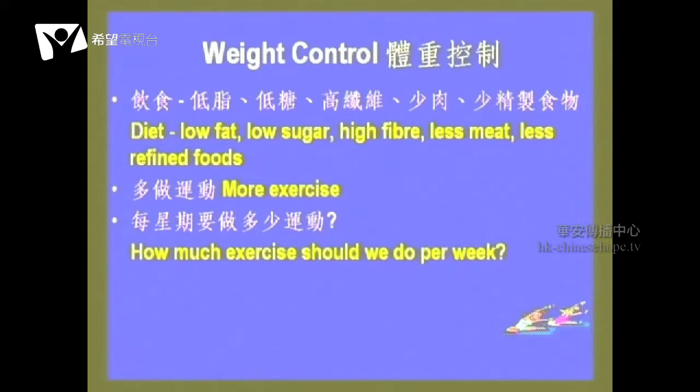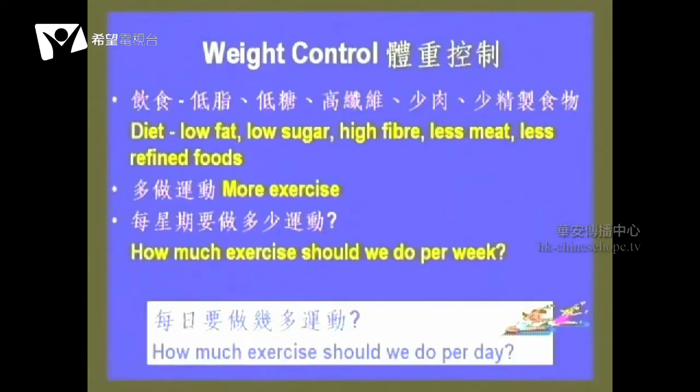And more exercise, of course. People in my lectures, they always ask, how much exercise should I do per week? Before I answer that, I ask another question. I tell them, you have to ask this question in a different way.